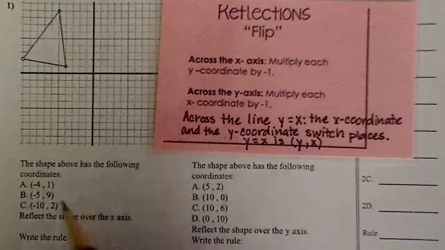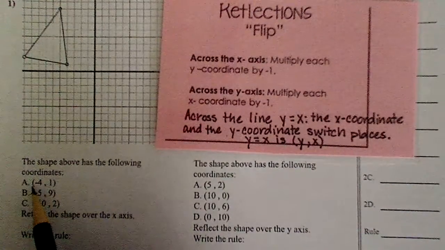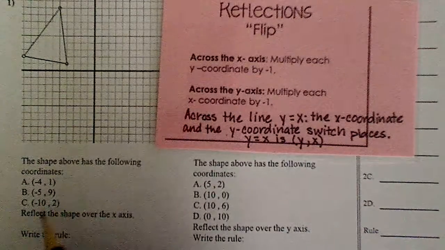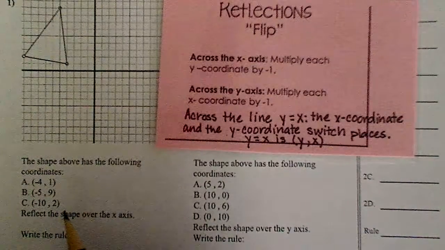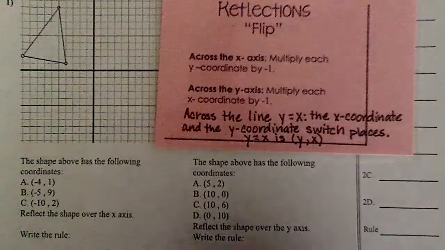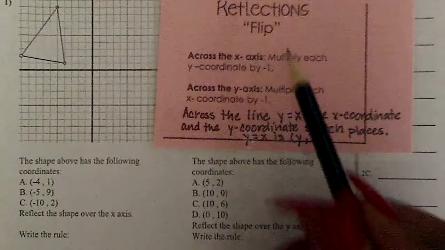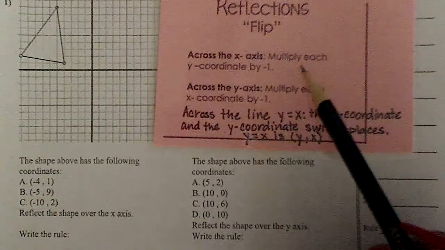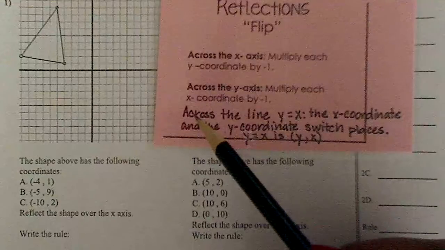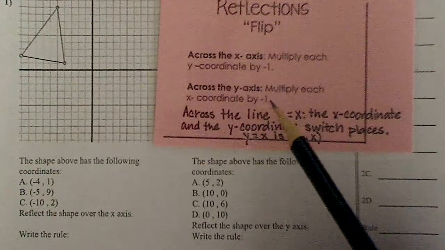It says the shape has the following coordinates: (-4, 1), (-5, 9), (-10, 2). It says reflect the shape over the x-axis. So which rule are we going to use? This one or this one? Are we going to multiply each y coordinate by -1, or each x coordinate by -1?